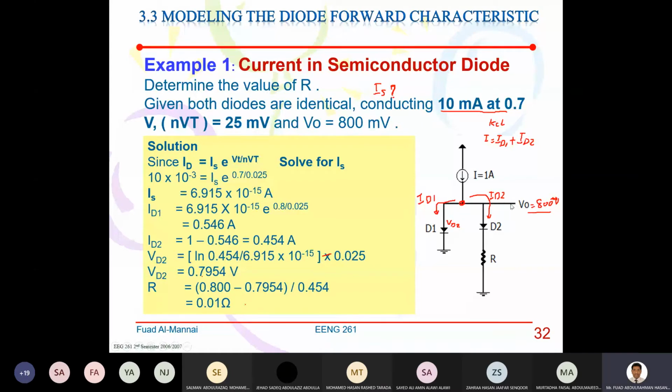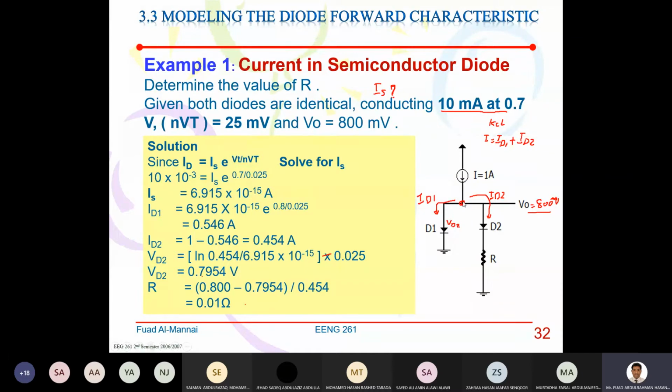If I put my voltmeter between here and ground, I will measure 0.8 volt. Where else is this voltage also seen? This diode also sees it, so the 0.8 volt is also across the diode. Therefore, VD1 is 0.8 volt. Substitute in this formula and you will solve for ID1, and ID1 is equal to 0.546 amp. Got it? All right.